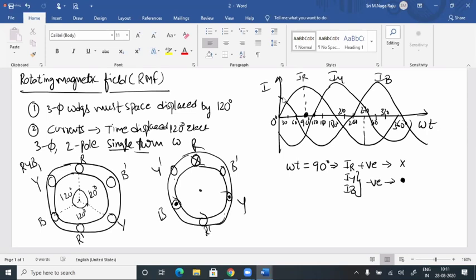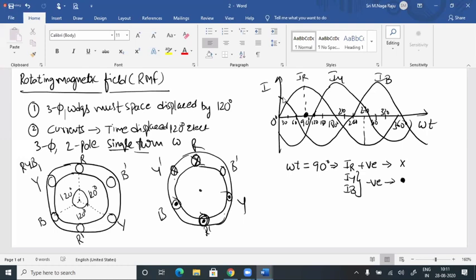Now tell me, in R, current is positive. What is the current direction in R dash? Negative, opposite, because these two form a single coil, each coil side. If this is positive, this is negative. So negative means here dot. If Y is dot, Y dash is cross, positive.